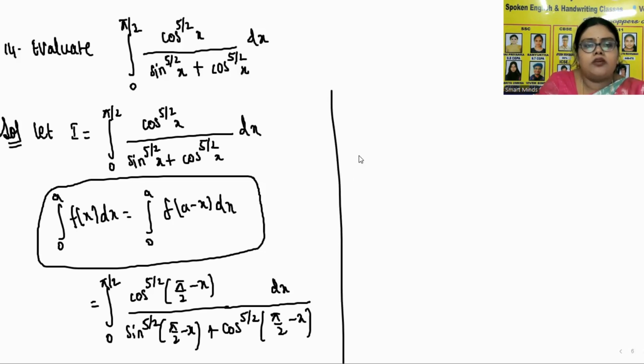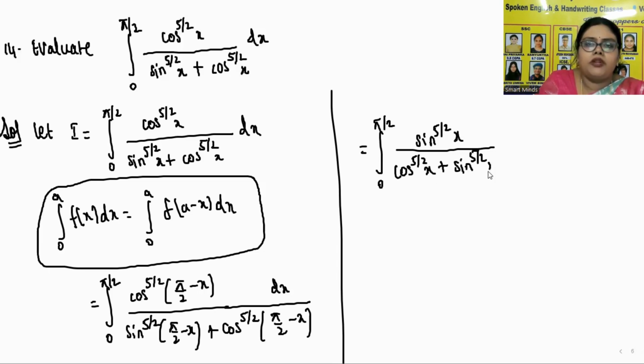Now we know that cos 90 minus theta is sine theta and sine 90 minus theta is cos theta. So it will change to sine power 5 by 2 x by cos power 5 by 2 x plus sine power 5 by 2 x. This is equation number 2. This is equation number 1.